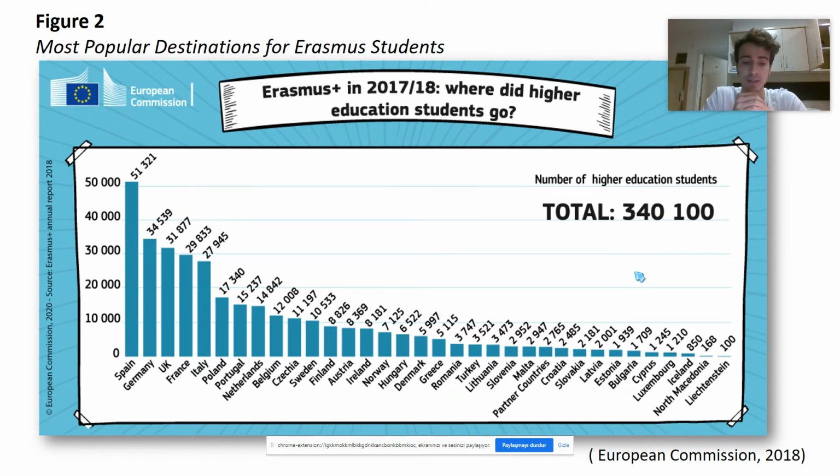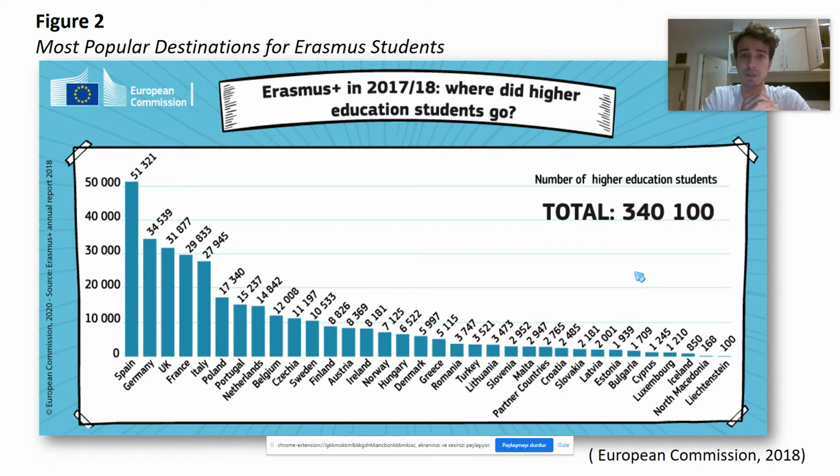The vertical axis shows us again the number of students, while the horizontal axis stands for the Erasmus countries. It illustrates the distribution of Erasmus students by country in the one year period 2017/18. Let's have a look at the graph.